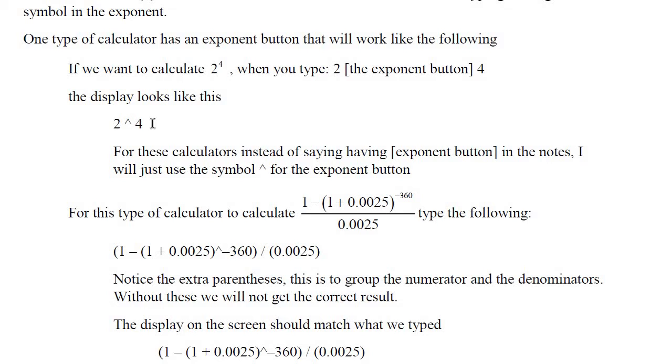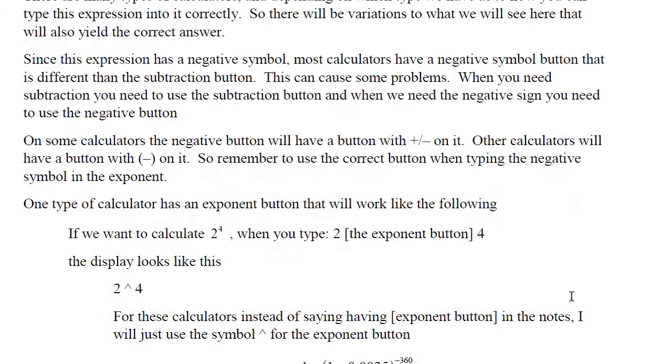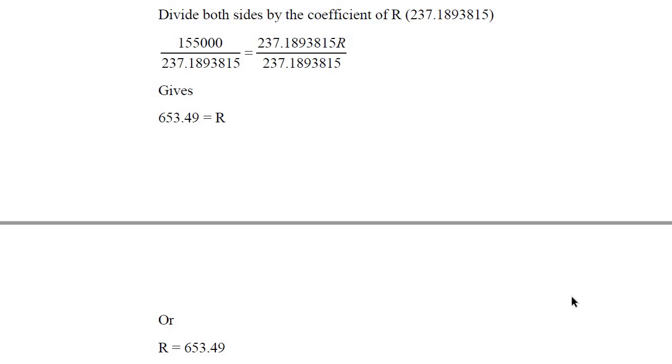So for the type of calculator that when you type in exponents, it gives you this caret symbol, then it's going to be left parenthesis 1 minus, left parenthesis 1 plus 0.0025, right parenthesis, exponent, negative symbol, 360, right parenthesis, divided by, left parenthesis, 0.0025, right parenthesis. And then when we calculate that, that gives us 237.1893815. So that's the same as this thing up here.